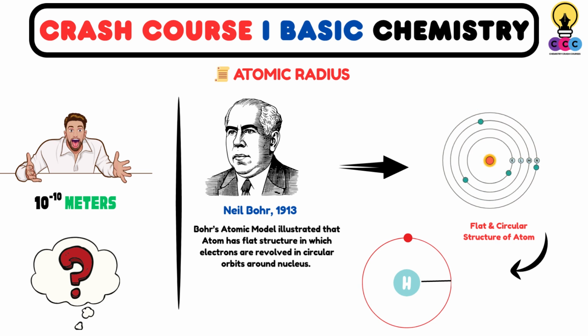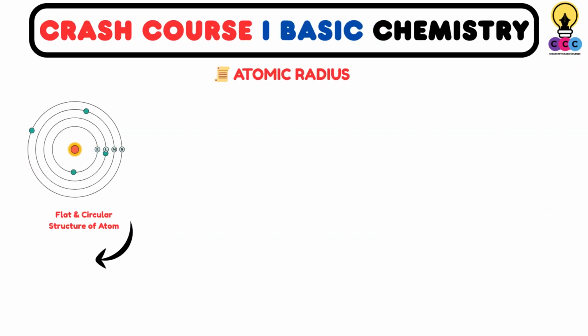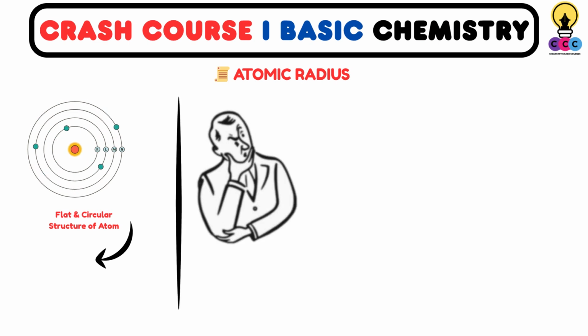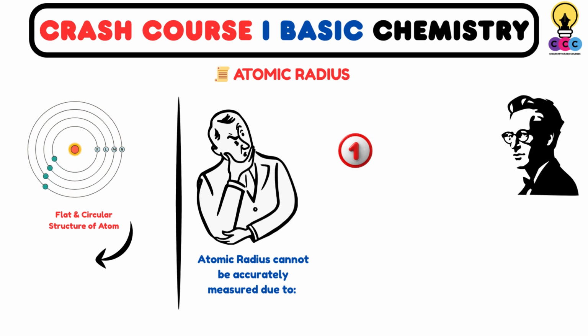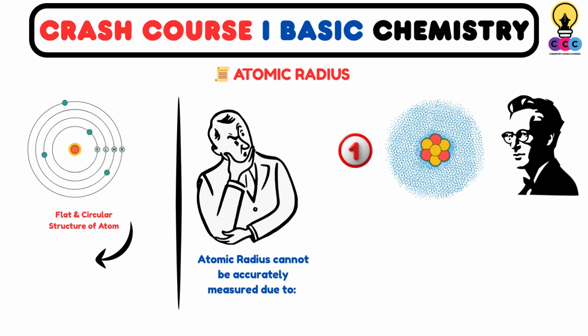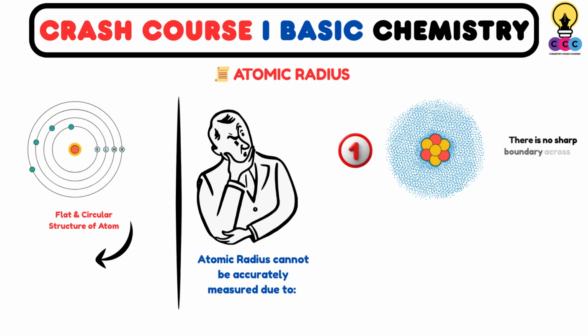However, this method raises serious concerns. We realize that atomic radius cannot be measured accurately, and it is due to two basic reasons. First, in 1926, Schrödinger proposed the quantum wave mechanical model for atoms, which reflected that there is no sharp boundary across the atom.